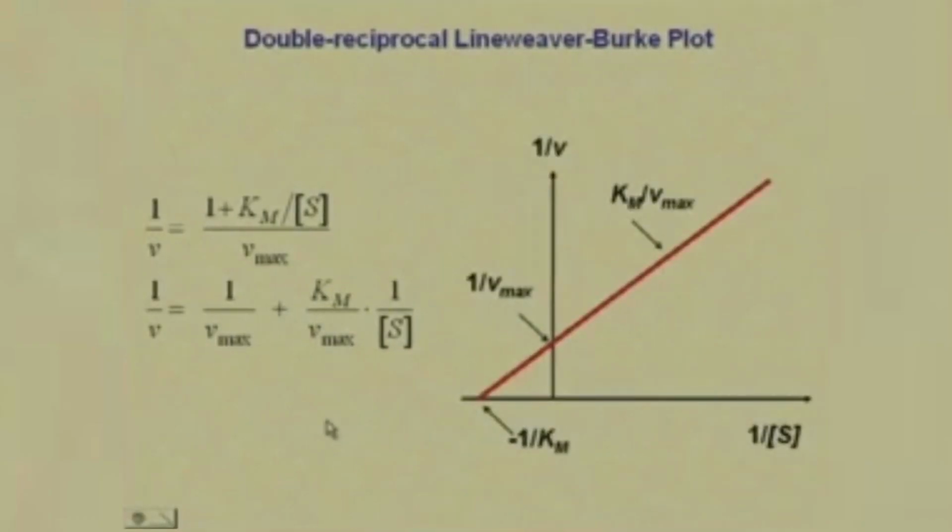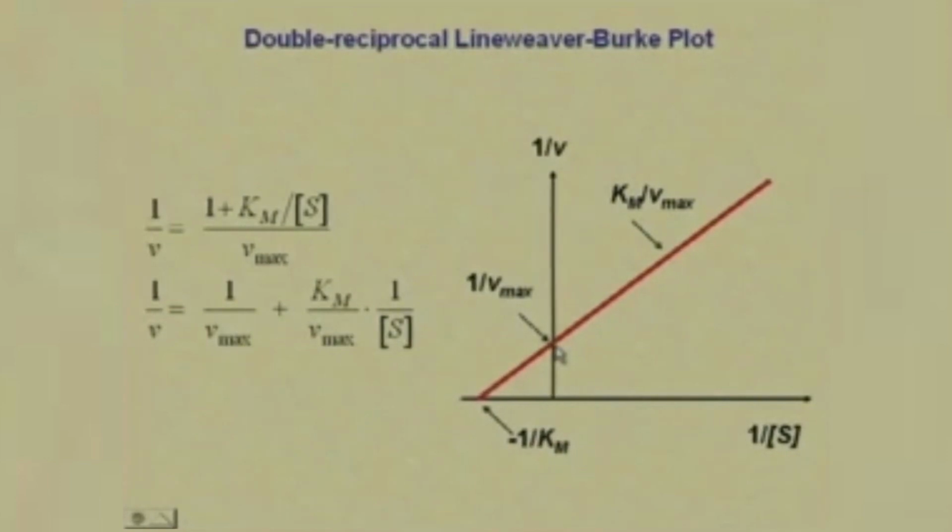So that is what we get. Okay? So if we plot 1 by V against 1 by S, my slope is Km by Vmax, and my intercept is 1 by Vmax.